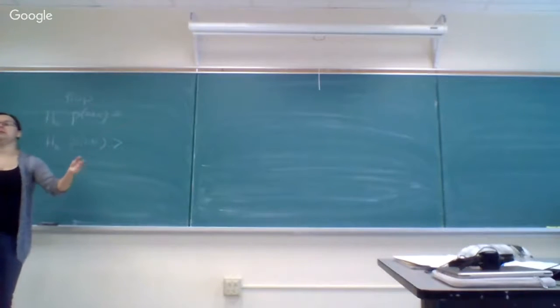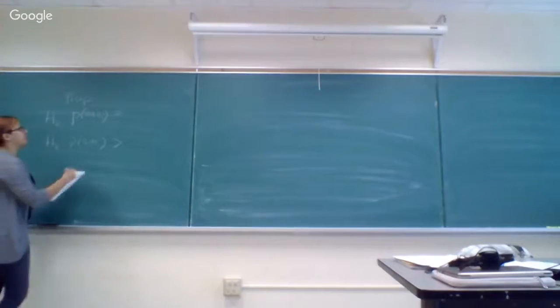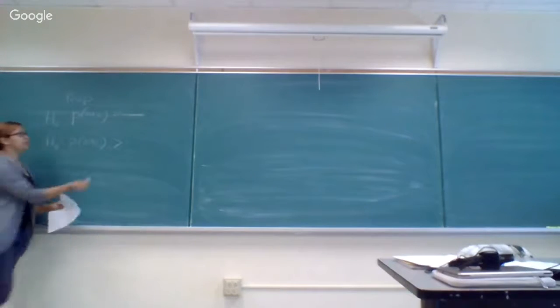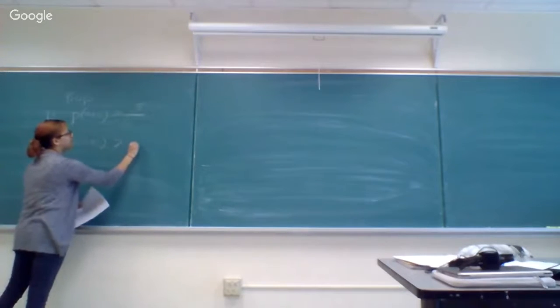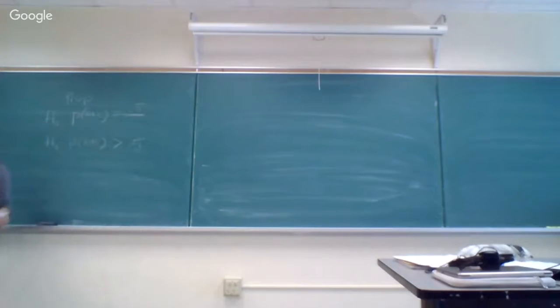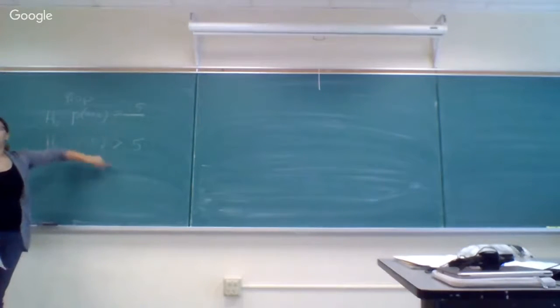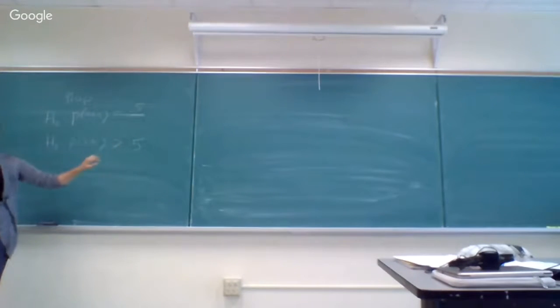For coin flips, we'd expect 50%. For the mice, we expected 20%. So this is whatever the value in question is. I'll do 0.5. And this will be the same as well. So these two are exactly the same except for the equal or the greater than. Everything else is the same. Make sense? Cool? Okay.